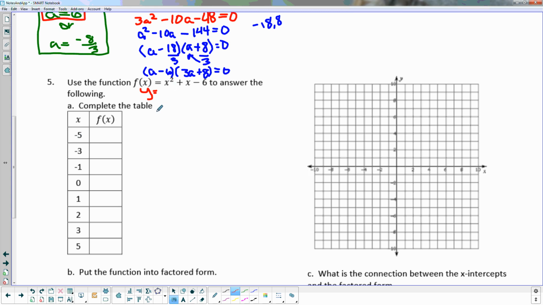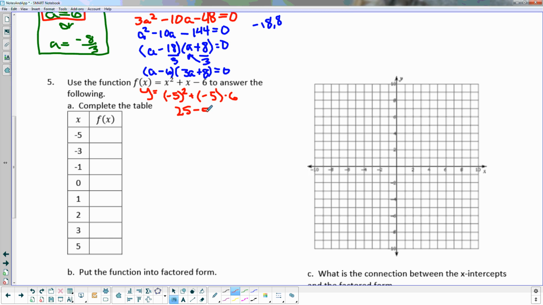I want you to say, what happens if I plug in a -5? So -5 squared plus -5 and minus 6. -5 squared is 25.